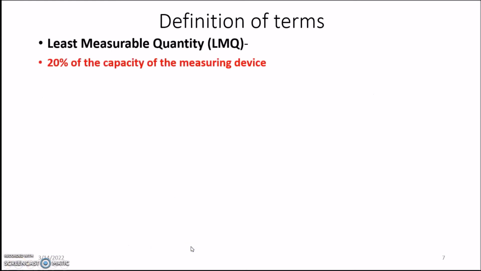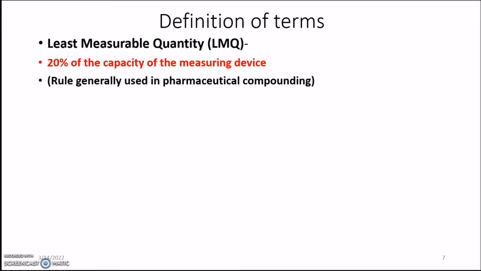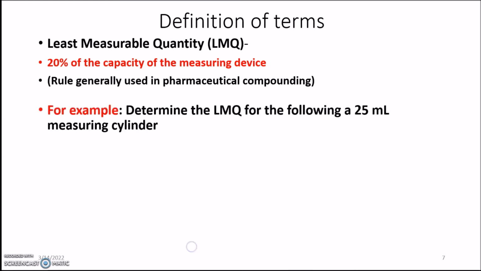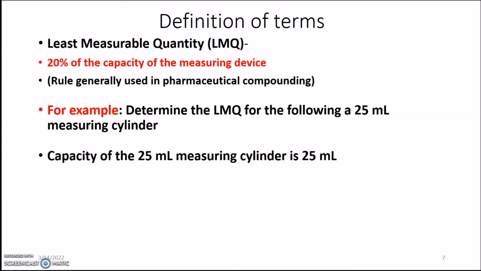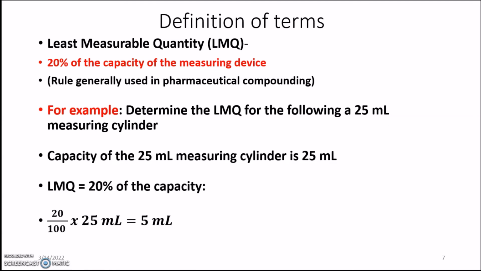Least measurable quantity, of course, is going to be dependent on the capacity of the measuring device. And generally speaking, the least measurable quantity of measuring vessels is determined by 20% of the capacity of the measuring vessel. So, for example, I want to find what is the least measurable quantity that a 25 mL measuring cylinder can measure. You find 20% of the capacity of the measuring cylinder, and that would be 20 over 100 times 25, which gives you 5 mL.